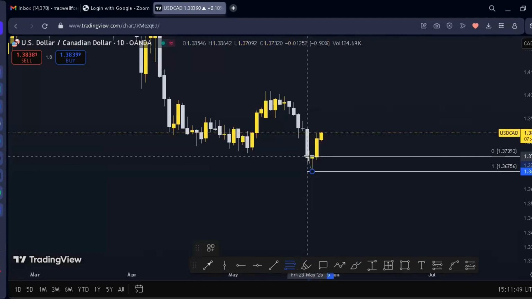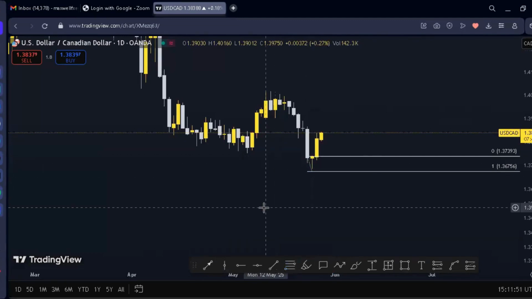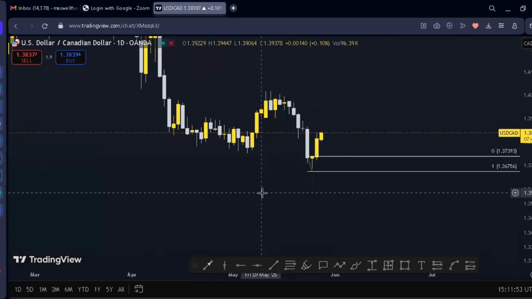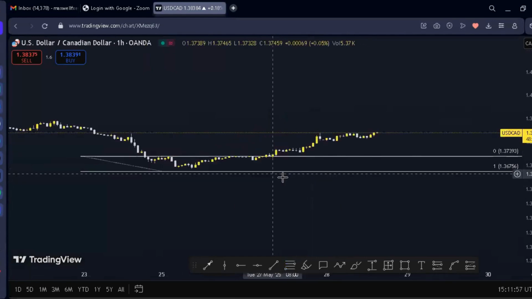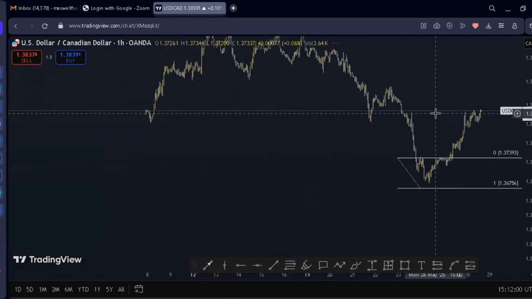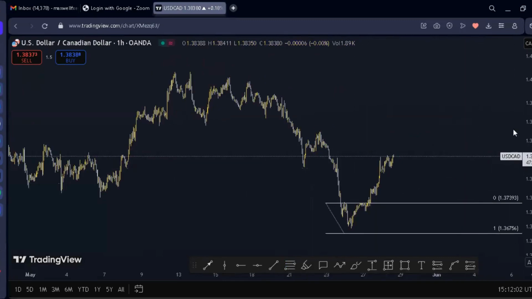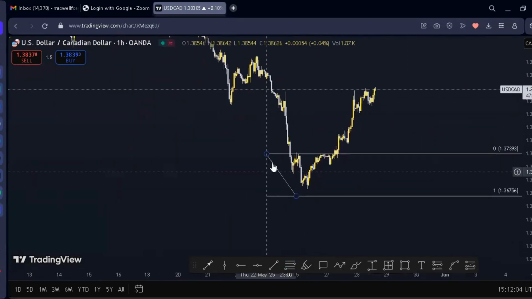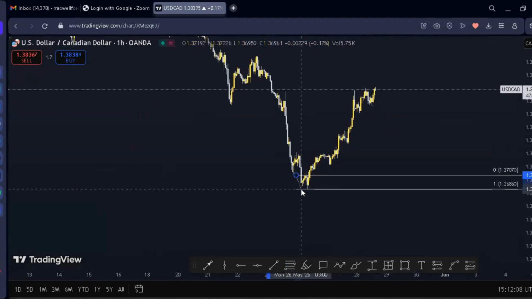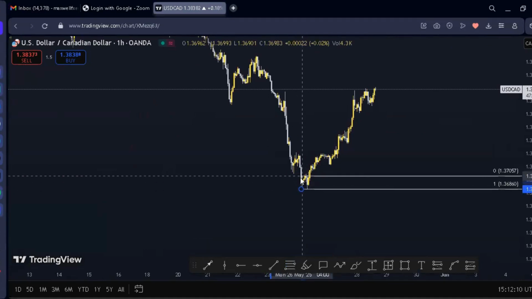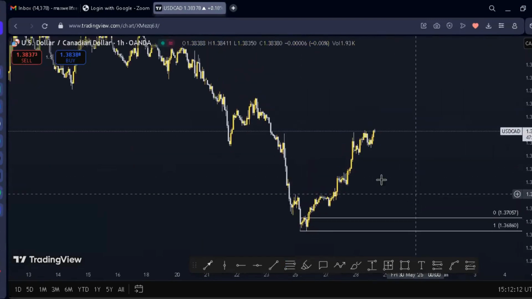So if we have to buy, it will have to be around these areas. After identifying that area, we step down to a lower time frame. And we also have a drop base rally here, a nice demand area to buy from.